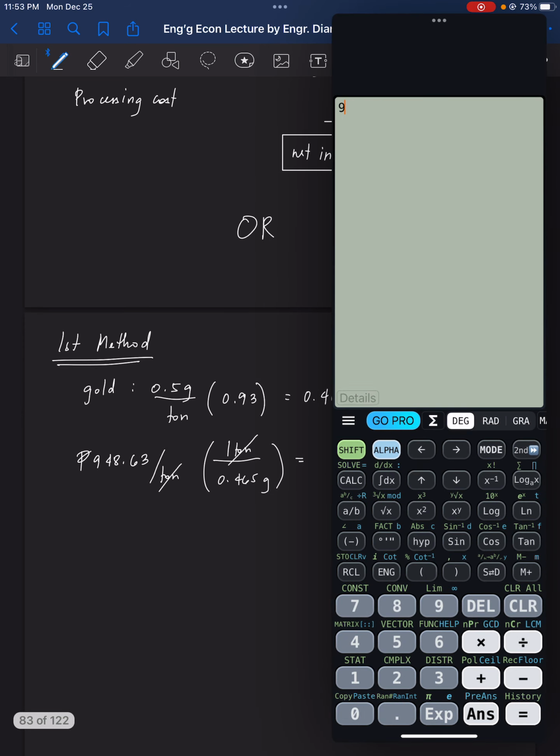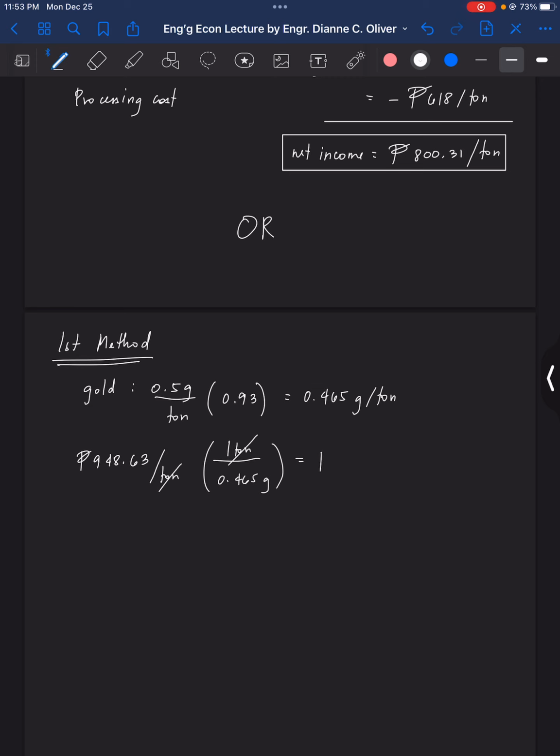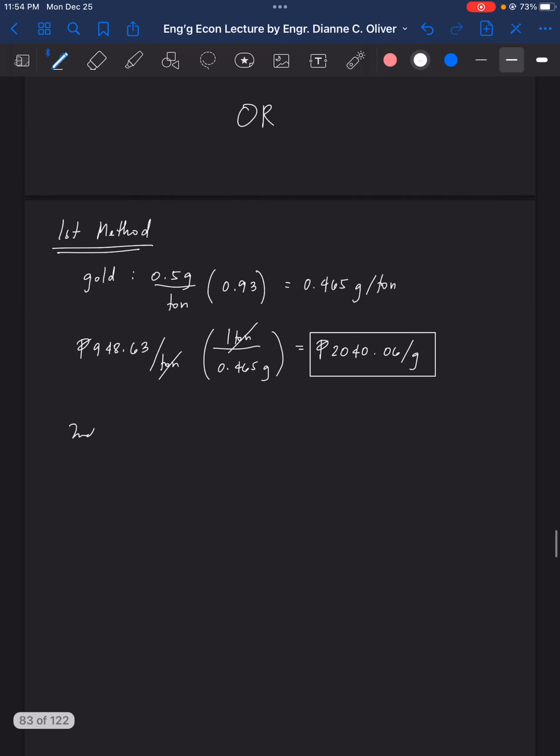So 948.63 divided by 0.465, that is 2040.06. 2040.06 per gram if we are looking for per gram. So this is the income in per gram.